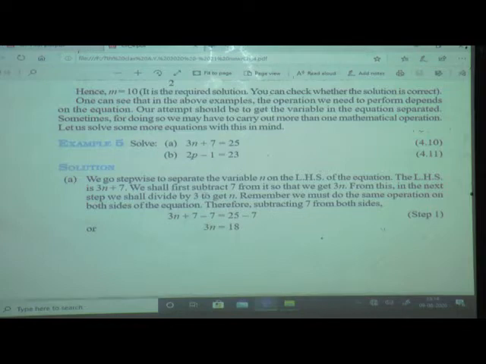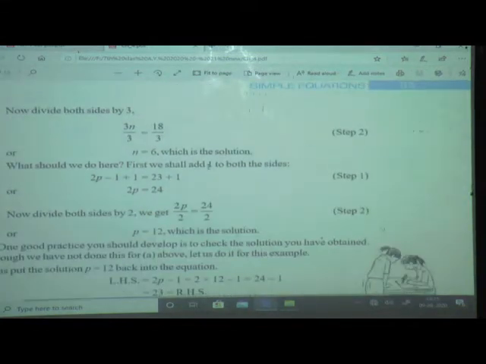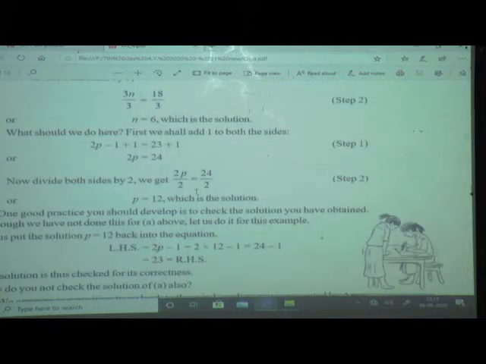2p minus 1 is equal to 23. Here what is 2p minus 1? Here it is multiplication. If you add 1 on both sides, we will get 2p minus 1 plus 1, which means the two will get cancelled, and you will find the answer.